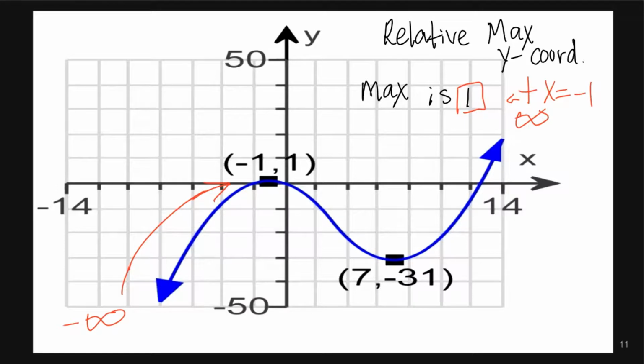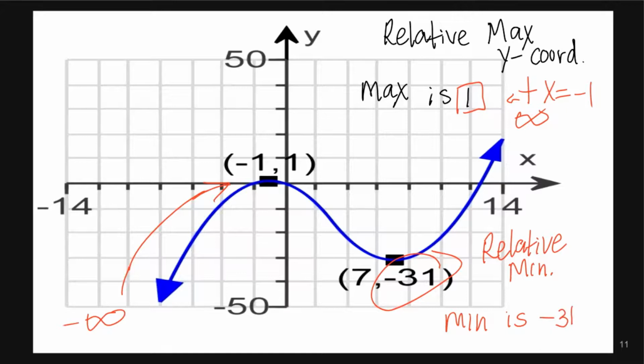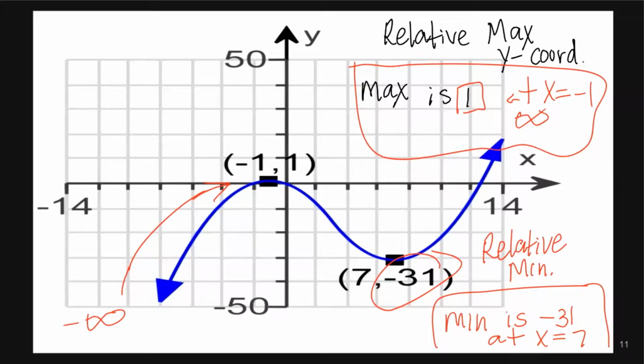Then my lowest, my relative min, my Aunt Minnie, is negative 31. So my min is negative 31 at x is 7. So that's how I find the max and min.